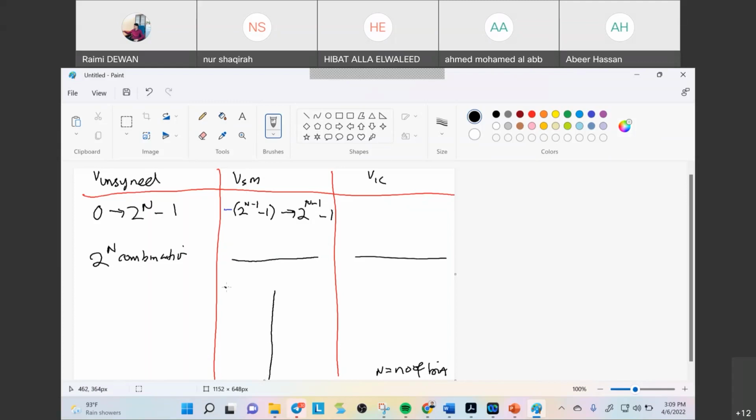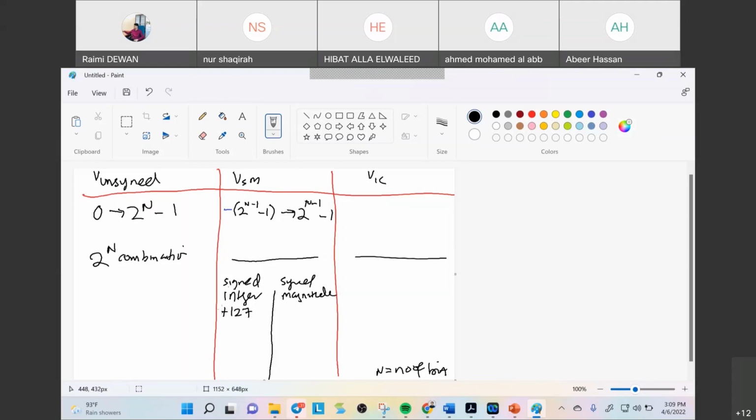If you have the signed integer, then you have another column which is sign magnitude. Let's say you have the number positive 127. If you want to represent it in sign magnitude, nothing changes.